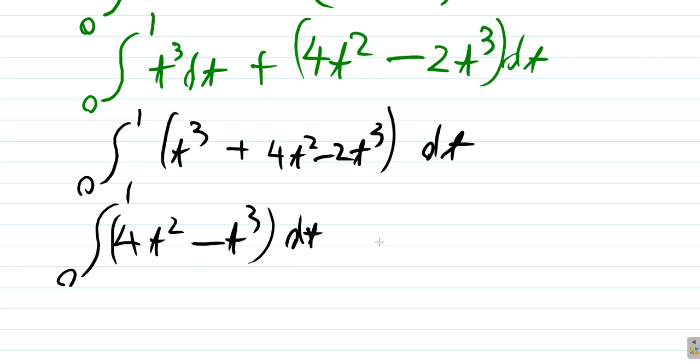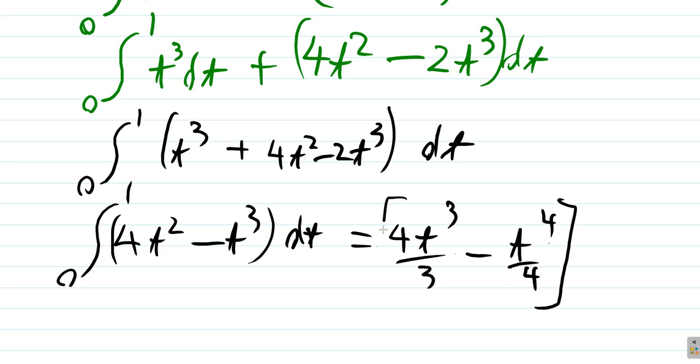You see that? You see what happened there? Alright, so let us integrate now. This will give us 4t cubed over 3 minus t to the 4th over 4, from 0 to 1. See that?